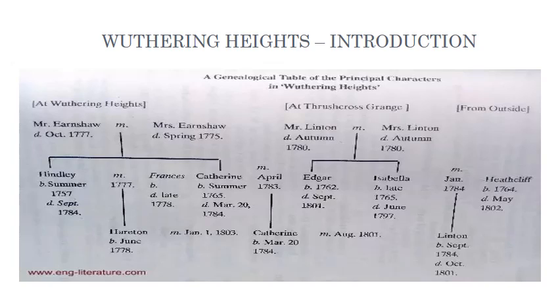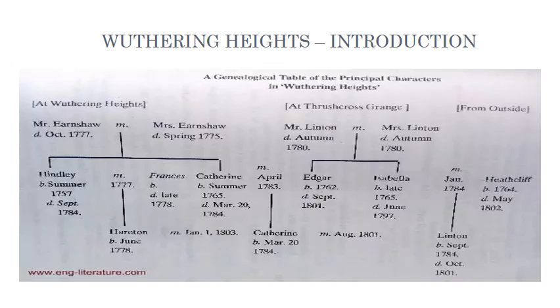Hopefully the characters and families are very clear, and who is the outsider, and why he has become a social emblem. He is a symbol of development, and we find how he plays with the emotions of all these characters, the Earnshaw family and the Linton family.